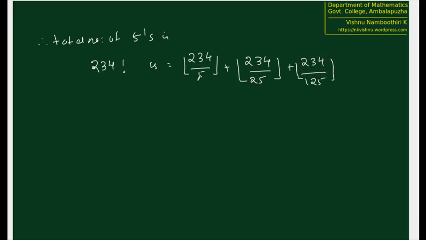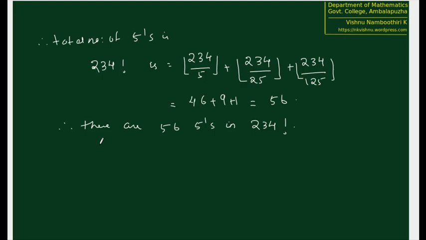We have already counted these things, so this is 46 plus 9 plus 1, which is equal to 56. Therefore, there are 56 5s in 234 factorial, and the number of 2s will definitely be more than this 56.